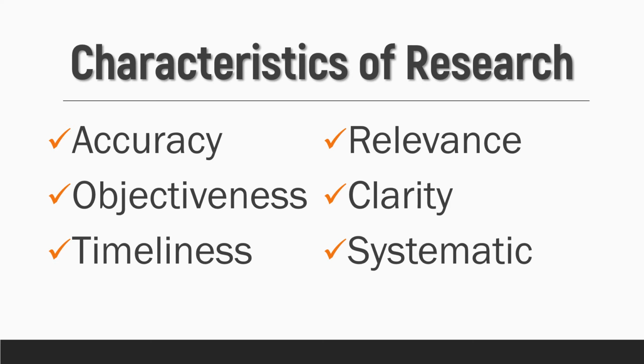So, for example, if right now what we're doing is gathering background information regarding your topic, we cannot just jump into interviewing other people for data collection because that is another stage in the research. So we have to be systematic. We have to follow an organized approach, an organized manner, in conducting a research study. Okay?